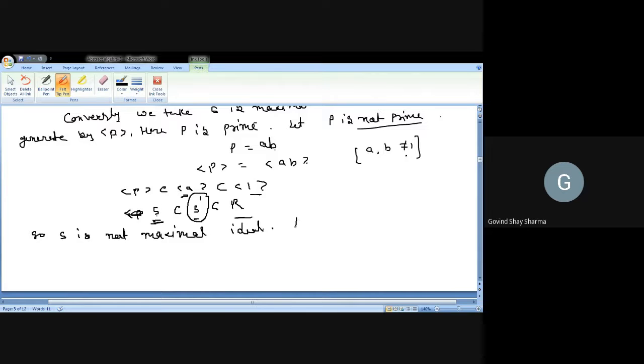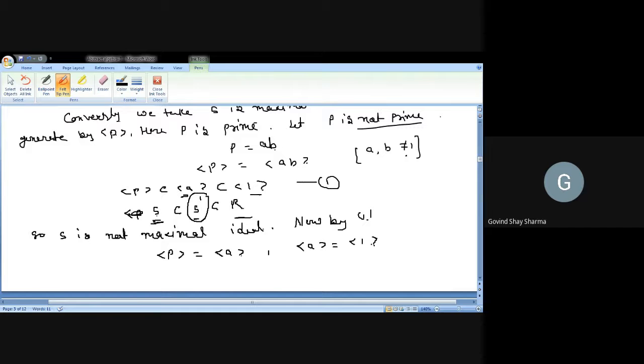Now by the maximal ideal, P is equal to A or A is equal to R, because it is given that it is a maximum ideal.